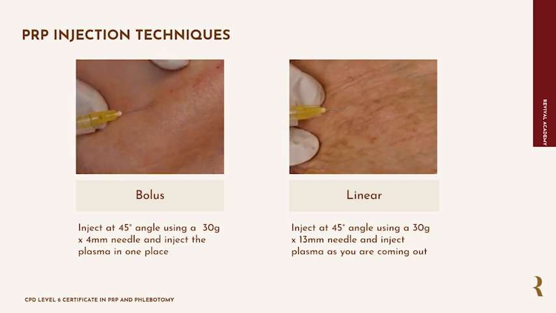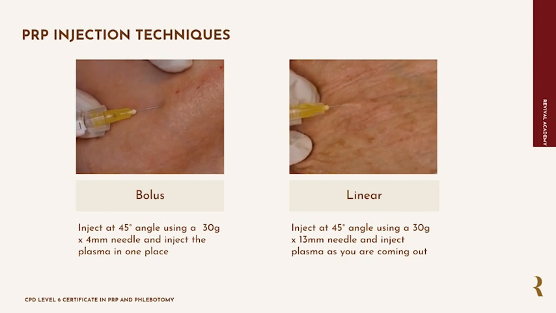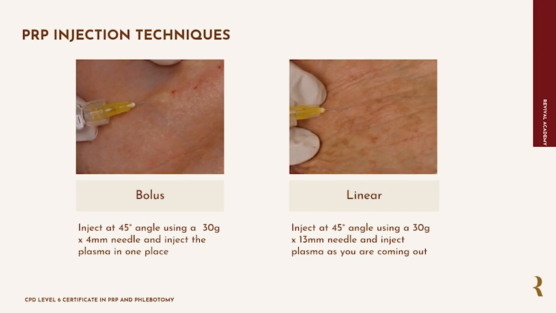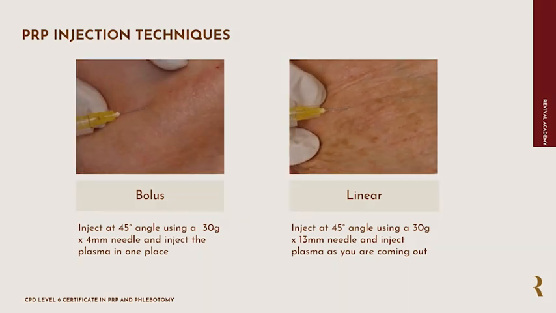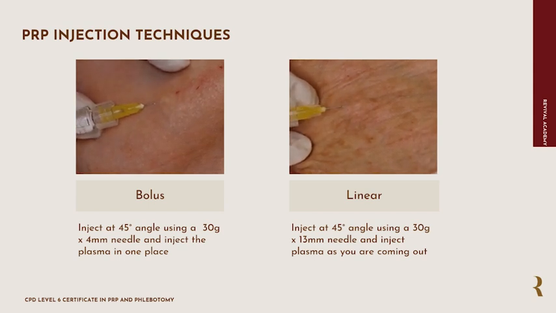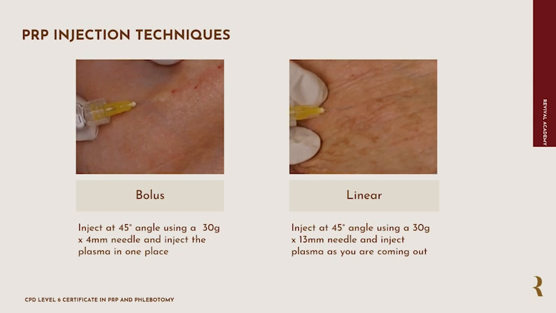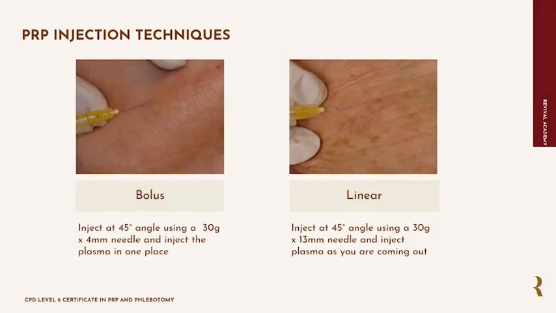And then you have the linear technique. This is where you insert the needle all the way through, and then you place your product as you're coming out with the needle, creating a line of product. Both of those techniques you can use depending on what area you're trying to treat and what you're trying to achieve as well. So any technique would really do.